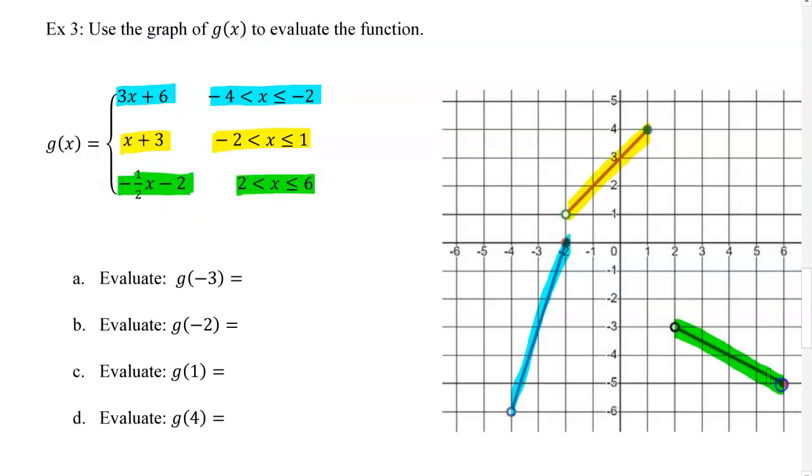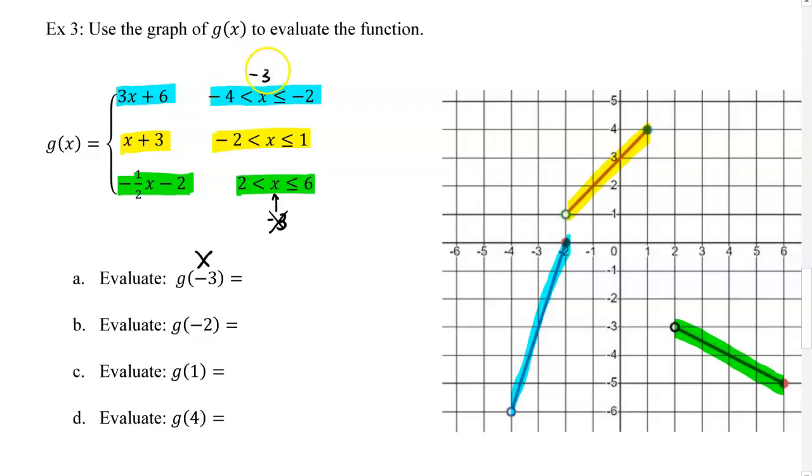If I want to evaluate an x value of -3, I want to look at all of these domains and see where -3 would fall in that range of x values. So here, x should be in between 2 and 6. I have -3 here. -3 can't go into this equation. -3 would fall here.